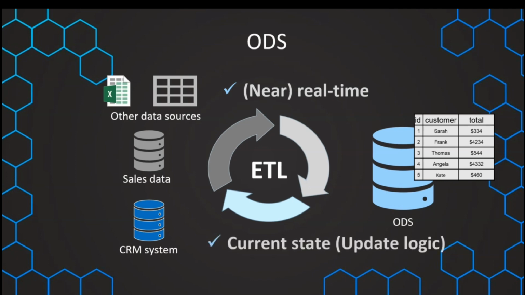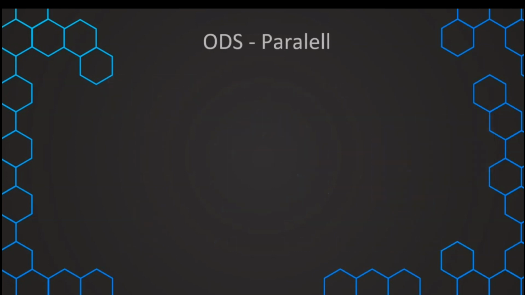And also, we don't need to have a long history, but only how does the data look currently in those source systems. And therefore, we have usually in this ETL or this real-time data feed an update logic in place. So we don't append the data usually and keep the history, but we just update or replace the data.